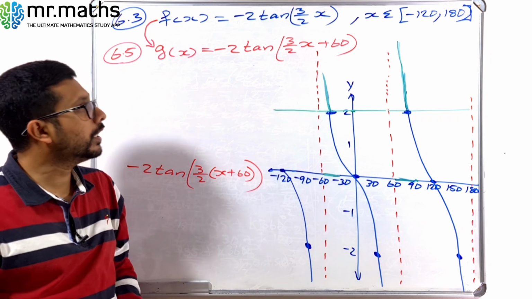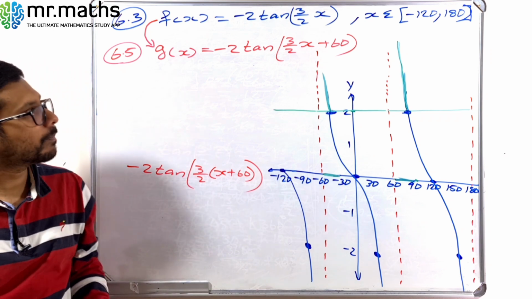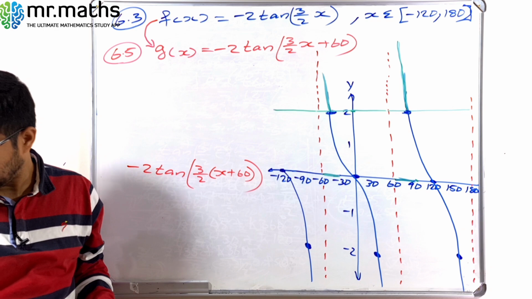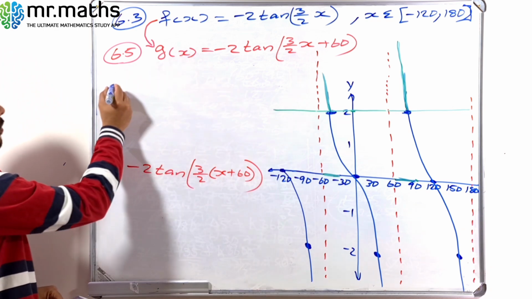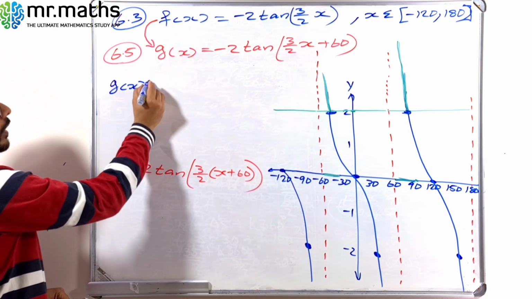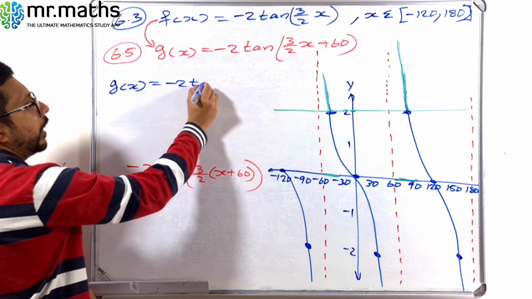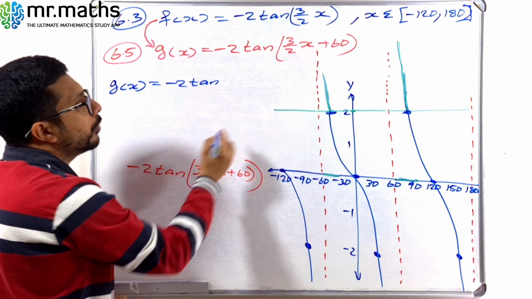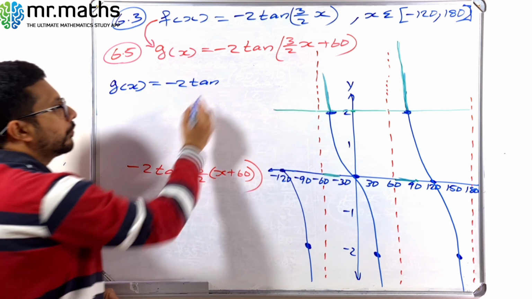Okay, so here what you have to do is write the answer. Listen, look at how I am going to write this g of x: minus 2 tan, then I'm going to take 3 over 2 as a common factor from these two. So it is 3 over 2 times x plus, and what is remaining from the 60 when I take 3 over 2 as common factor?